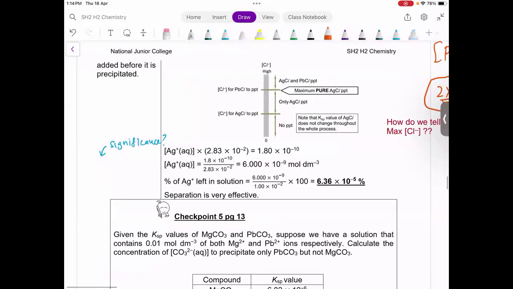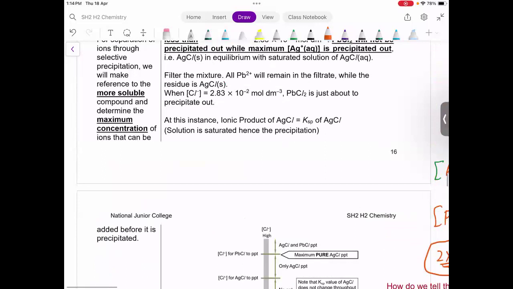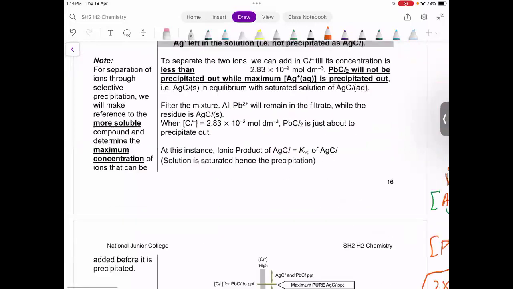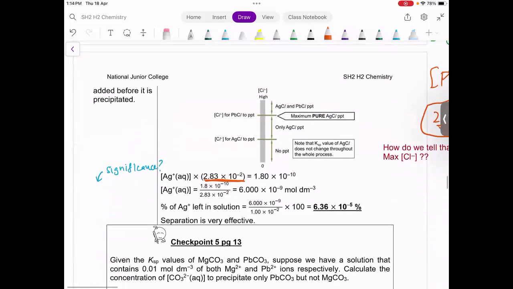If you look at this working, this is the concentration of chloride derived from Ksp of lead chloride. Remember, you have done this. This is the original concentration of lead 2 plus. This is the chloride minimum required to cause precipitation. So this is communal at that point of time. So you substitute this concentration back and equate it to silver chloride Ksp.